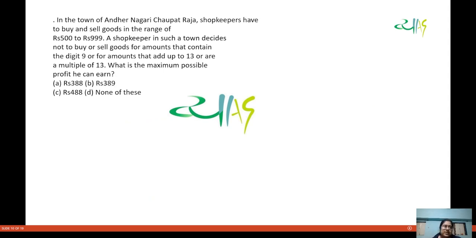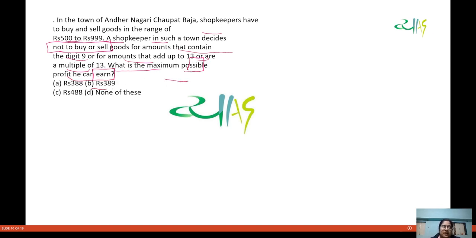Now look at this question. It is saying in the town of Andher Nagari Chaupat Raja, shopkeepers have to buy and sell goods in the range of rupees 500 to 999. A shopkeeper in such a town decides not to buy or sell goods for an amount that contains the digit 9, or for amounts that add up to 13 or are a multiple of 13.